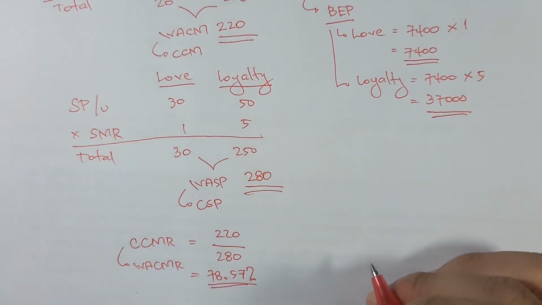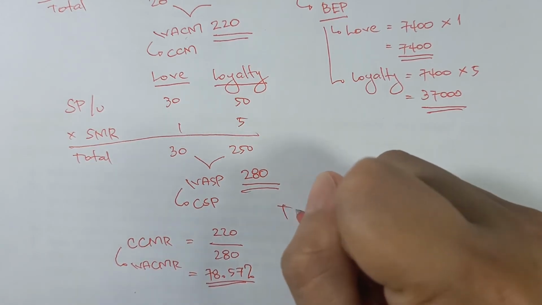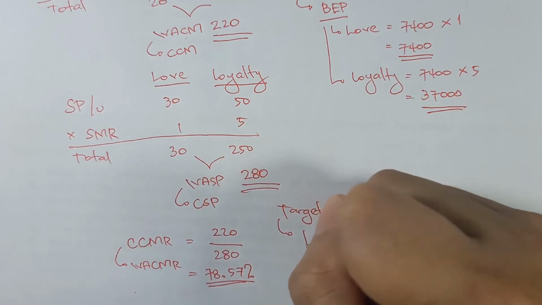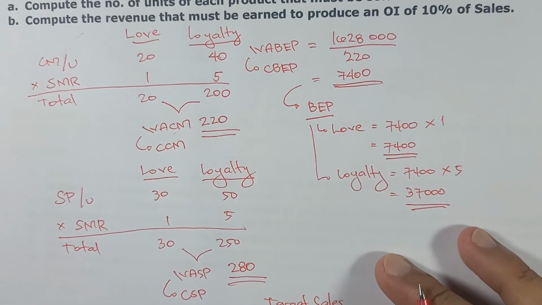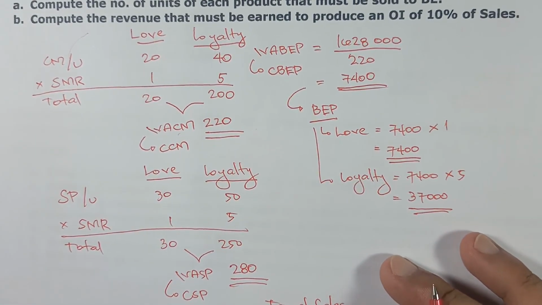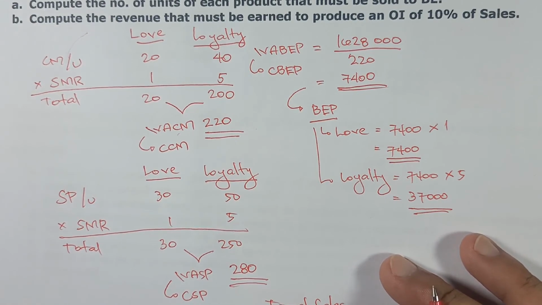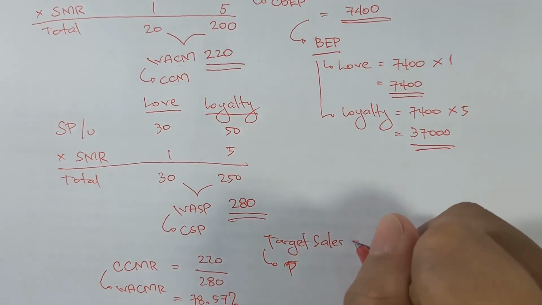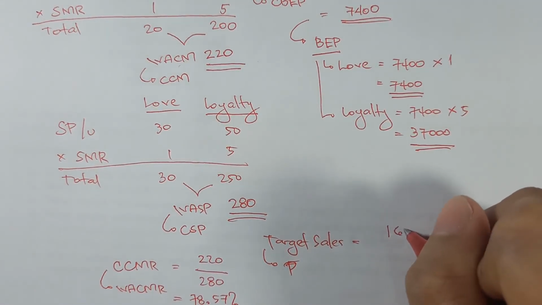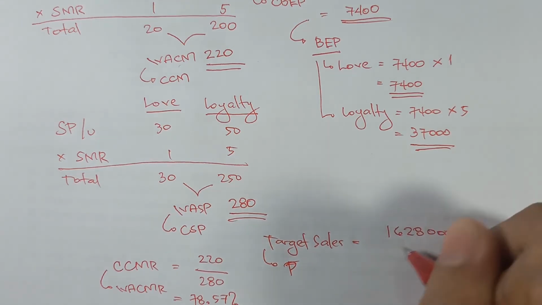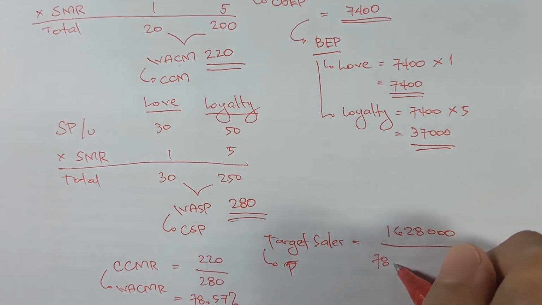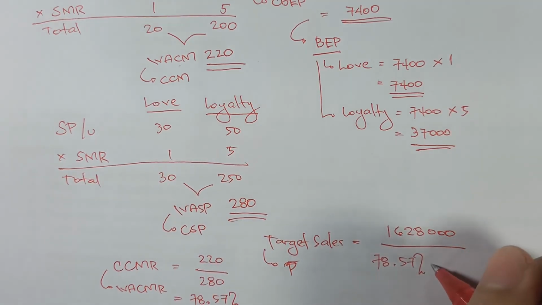So, compute na ngayon natin yung ating target sales in terms of peso amount. Because requirement letter B, compute the revenue that must be earned to produce an operating income of 10% of sales. Paano nga ulit tayo mag-compute? Sabi natin, that's the fixed cost of 1,628,000 divided by the contribution margin ratio of 78.57% minus the profit ratio of 10%.